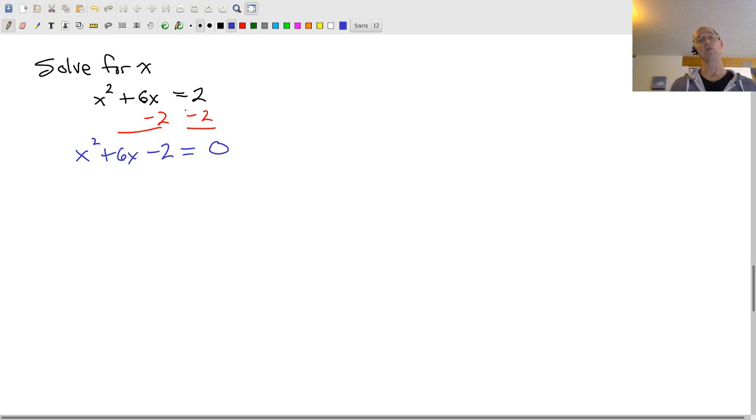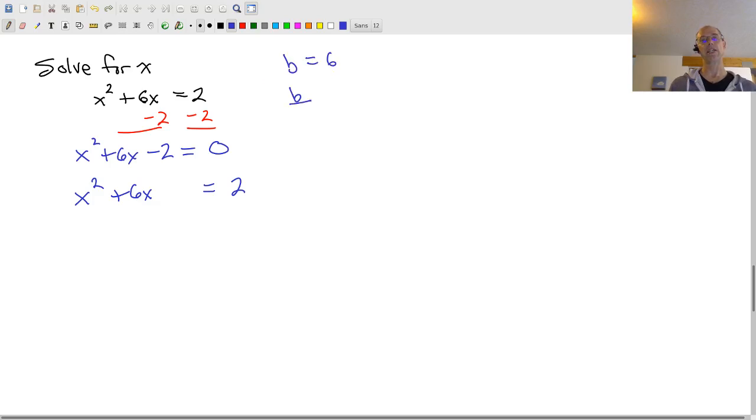Now, to complete the square, I actually want it the way it was before, so I'm going to put it back. So I have x squared plus 6x, leave a little space, equals, and there's a 2 on the other side. To complete the square, we identify that middle number. I'm going to call that b. So b equals 6.